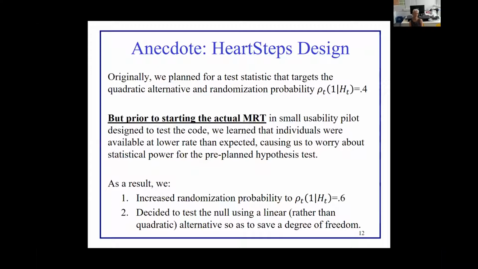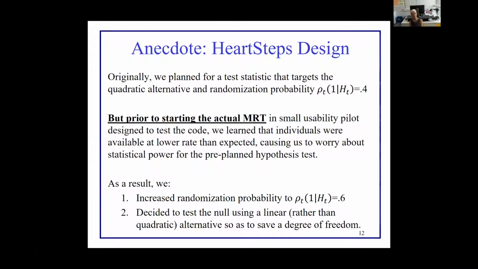That is around 4 of the 5 times per day. And we became worried that, well, then they're probably not going to get around 2 messages per day. So we decided to increase the randomization probability from 0.4 to 0.6. This was before the actual study was started. We recoded the software to increase the randomization probability to 0.6.